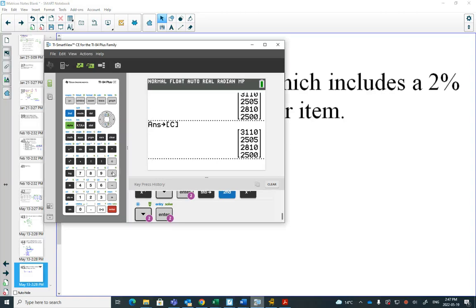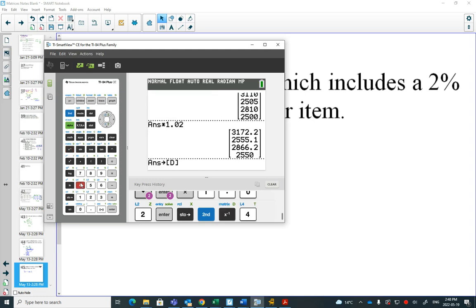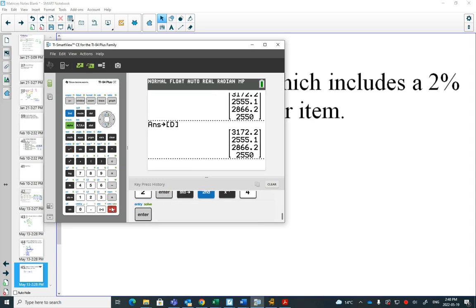I could take that answer and multiply it by 1.02, multiplying by a scalar. Now we have all of our taxes included. So I can store this one, in case I need it, as matrix D.